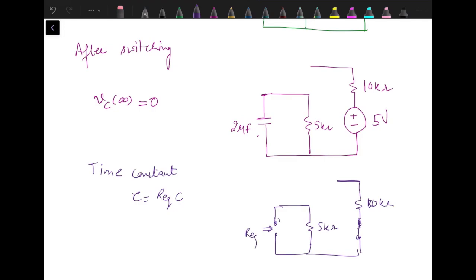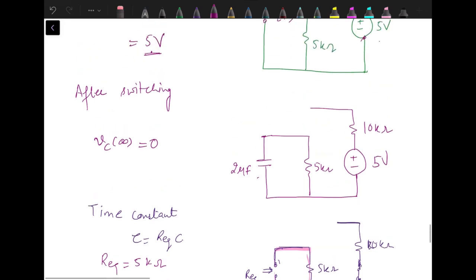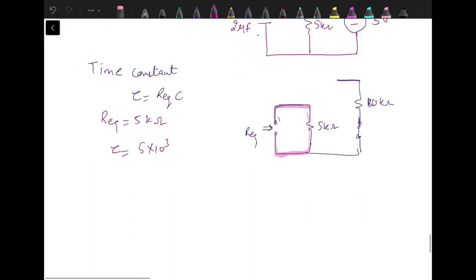So R equivalent is just a single resistance, because in between the capacitor terminals we have only one resistance of 5 kilo ohm. So R equivalent is 5 kilo ohm. Now when we use the value of capacitor and R equivalent, 5 into 10 raised to power 3, capacitor was 2 microfarad, so 2 into 10 raised to power minus 6. So it's 0.01 second. Tau is 0.01 second.